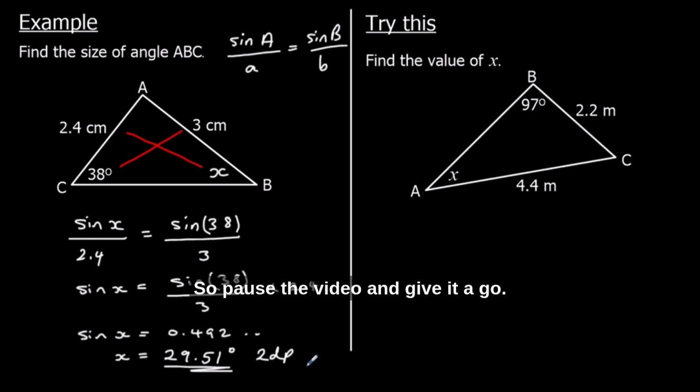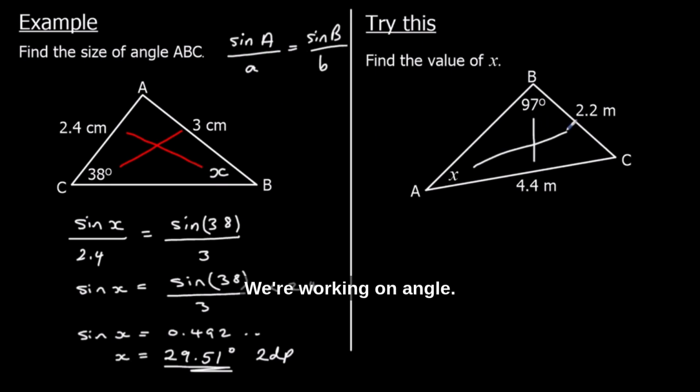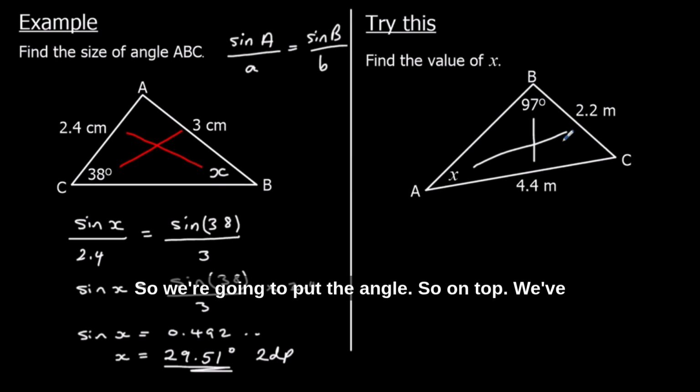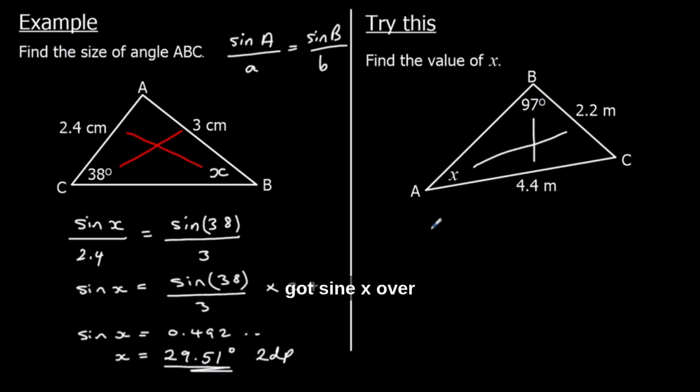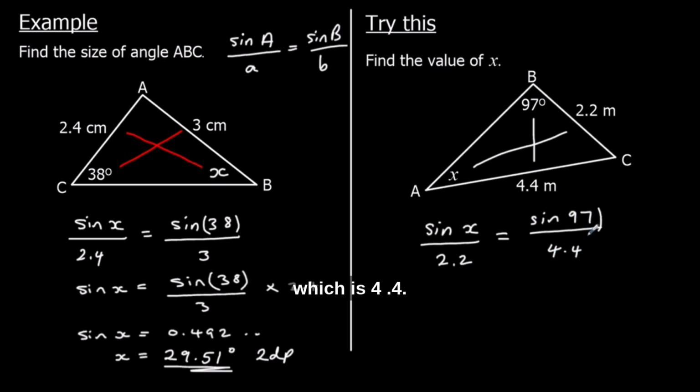And one for you to try. So pause the video and give it a go. So we've got opposites. We're working out an angle. So we're going to put the angles on top. We've got sine x over its opposite, which is 2.2, equals sine 97 over its opposite, which is 4.4.